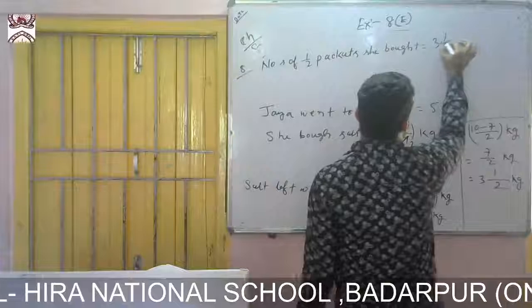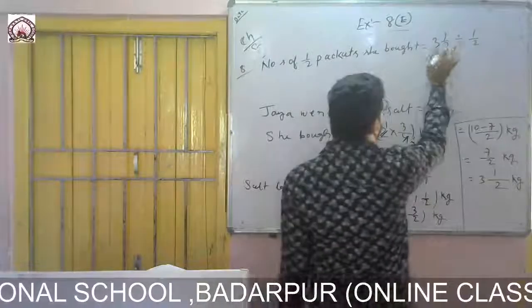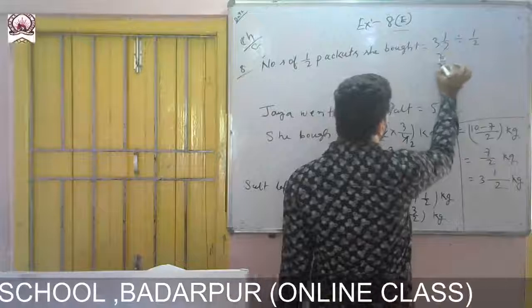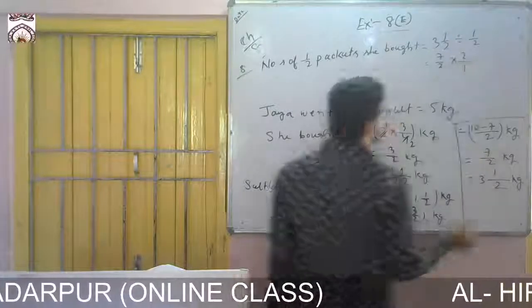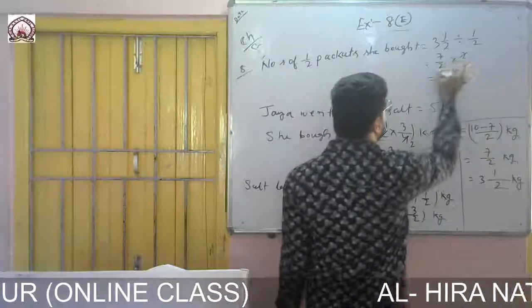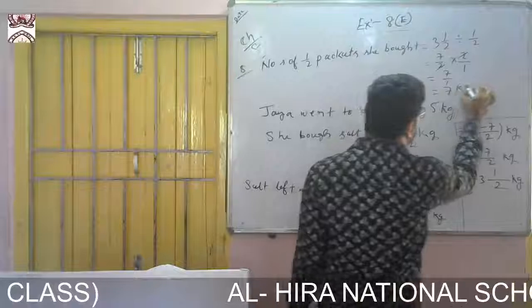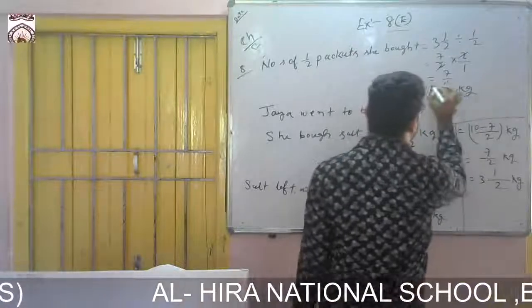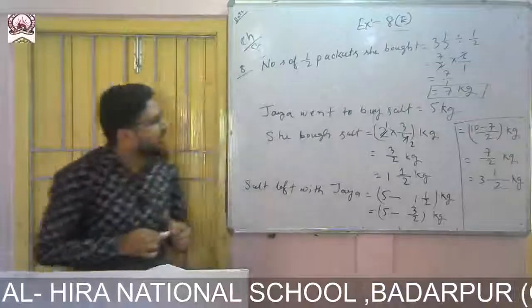So 3 1/2 divided by half. 3 2s are 6, 7/2 into 2/1. I can cancel 2, remaining 7/1. 7/1 means 7, and that is the required answer.